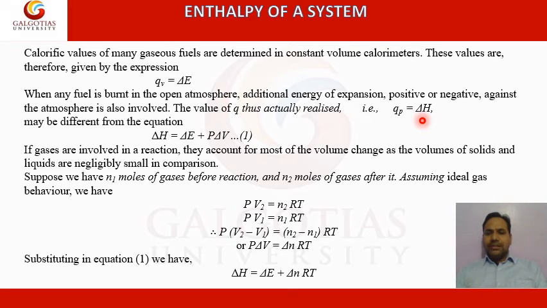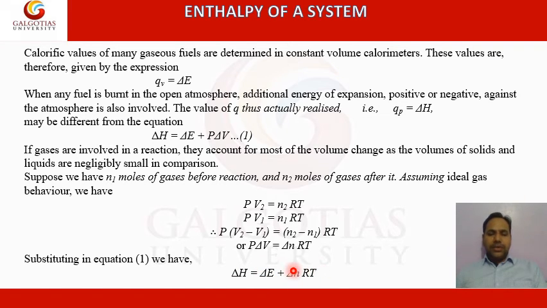Assuming ideal gas behavior, PV2 is equal to n2 RT and PV1 is equal to n1 RT. Putting these values, we get P delta V is equal to delta n RT. So substituting this value in equation 1, we have delta H is equal to delta E plus delta n RT.